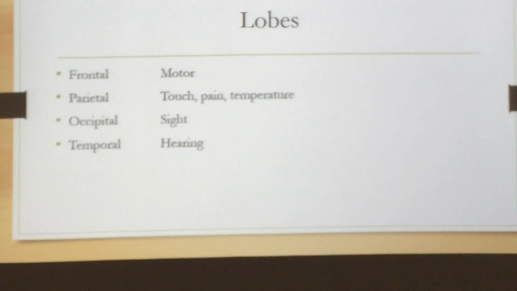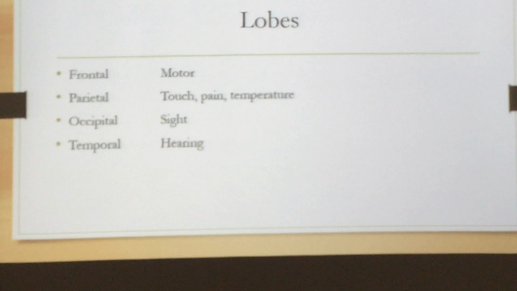In talking about function, we refer to the lobes of the brain. Okay? Now, if you remember phrenology, they would feel the lumps and bumps on a person's head, and they tried to say, well, this bump right here represents this characteristic.